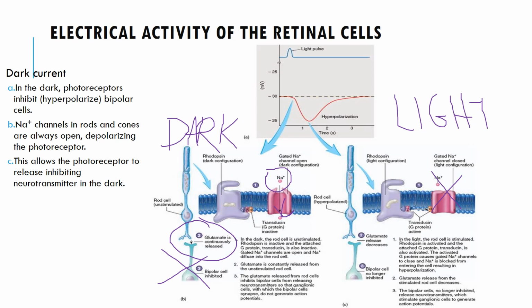Now, glutamate release from those rods is going to decrease. What that does is excite those bipolar cells, and that will now generate action potentials.